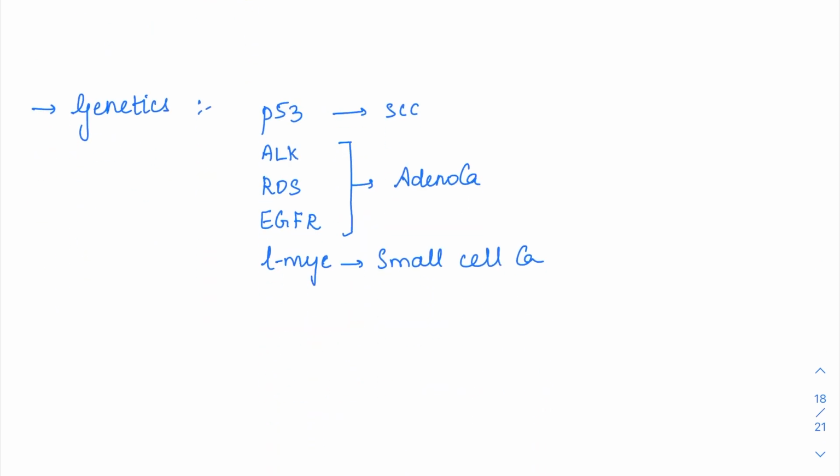Coming to the genetics, various genes are involved in various types of lung cancer. For squamous cell cancer of the lung, it is going to be p53 mutation, while in adenocarcinoma it is going to be various other mutations like RAS mutations, ALK, ROS or EGFR mutations. It is very important to know the genetics of adenocarcinoma because we have targeted therapy directed against these.